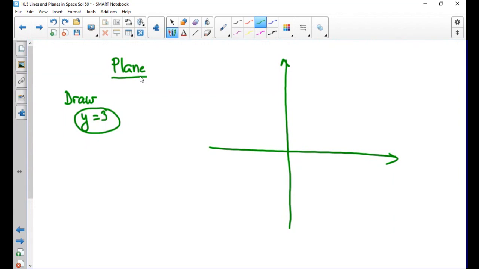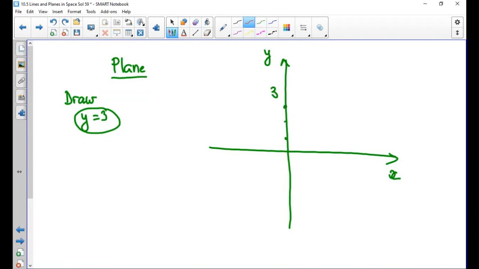In the plane, not just x, y. Where are the points with equation y equal to 3? It's a horizontal line. It's a horizontal line which goes through this point 3 here.